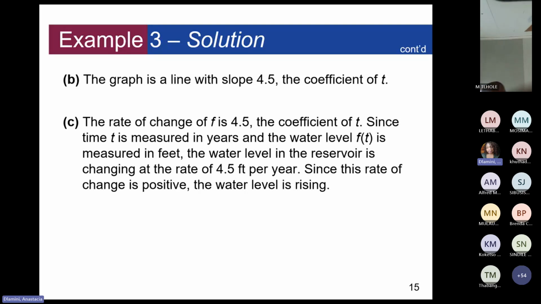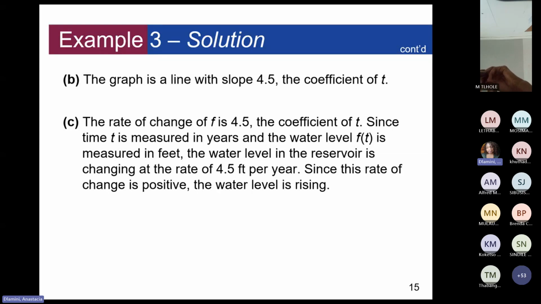Since time is measured in years and the water level, F of T, is measured in, let's say, meters, the water level in the reservoir is changing at a rate of 4.5 meters per year. Are we understanding the statement?